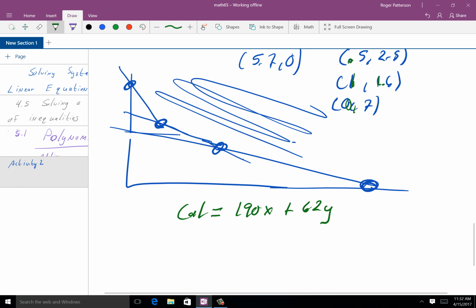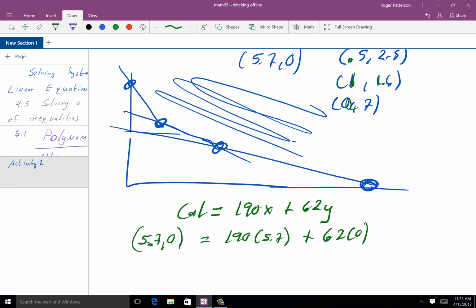So I might get some help from you guys, because I don't want to have to bounce back and forth. Alright, so I need, if we can get somebody to try the first one here, which is 5.7, comma 0. So 5.7 is going to go in for x. So if they would just take their calculator and figure that out for me, that would be great.